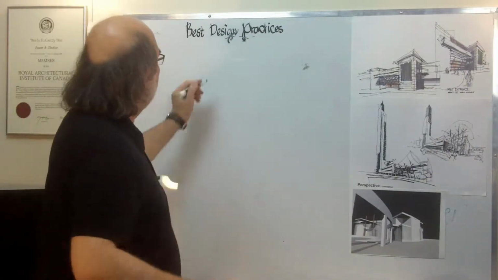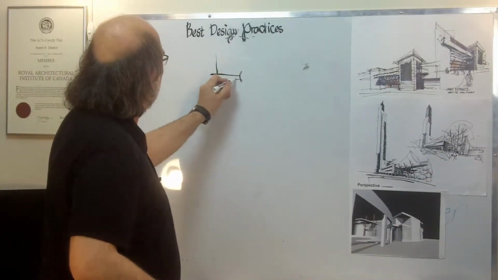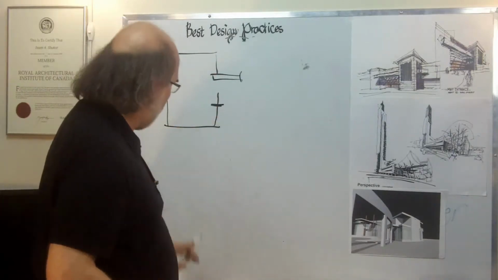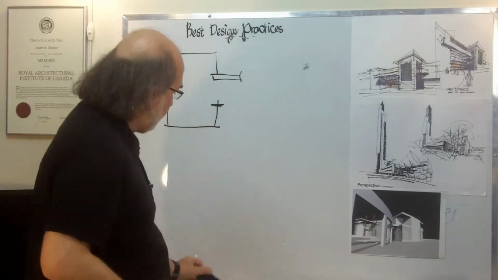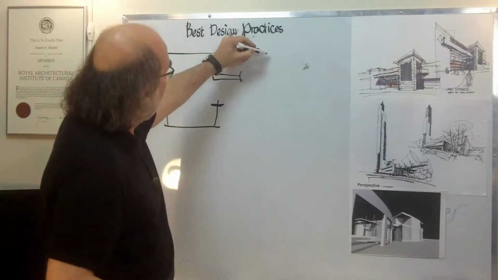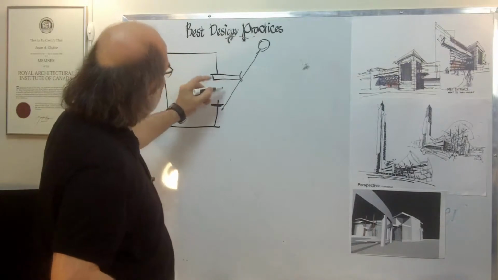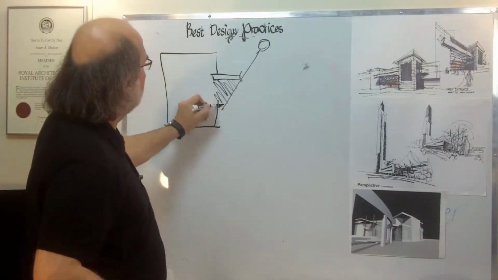If we have our kitchen like that, and this is our window, the sun in the summer would be more vertical, so the window would be shaded.